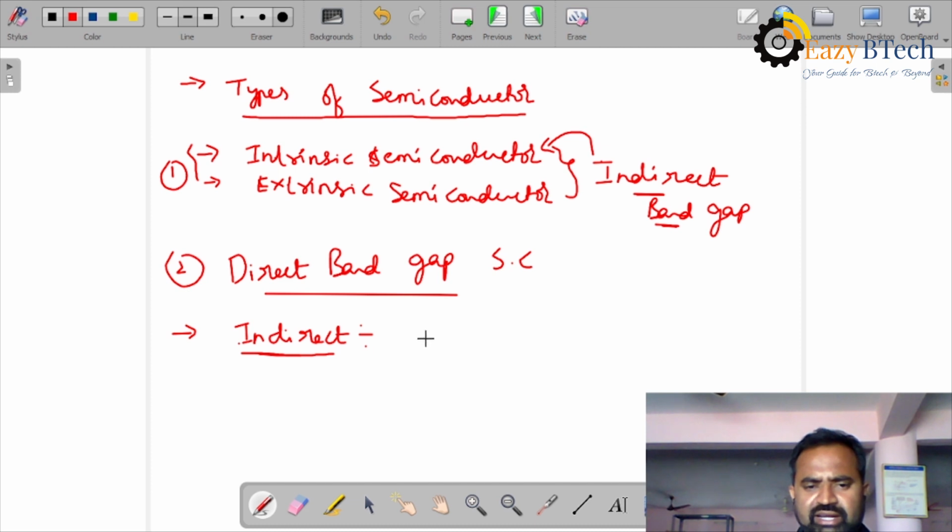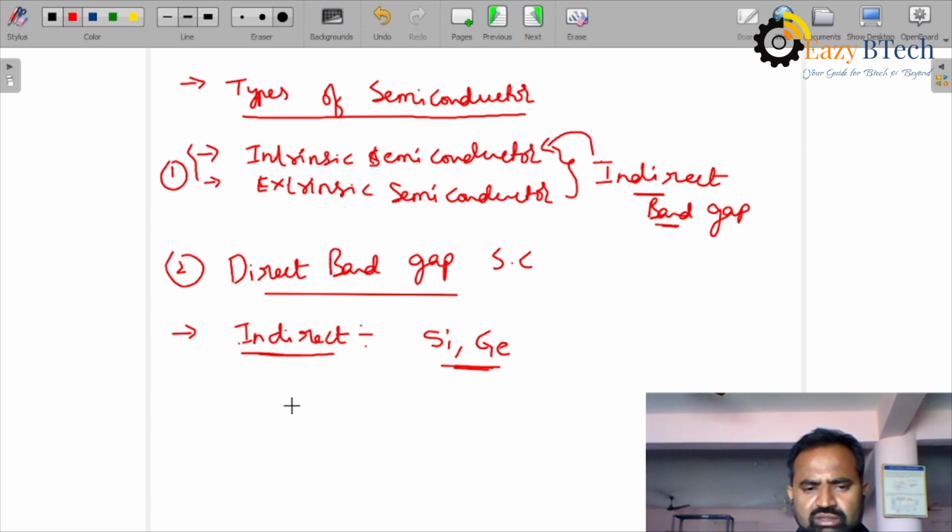Examples of indirect band gap semiconductors are silicon and germanium. These two elements are known as indirect band gap semiconductors.